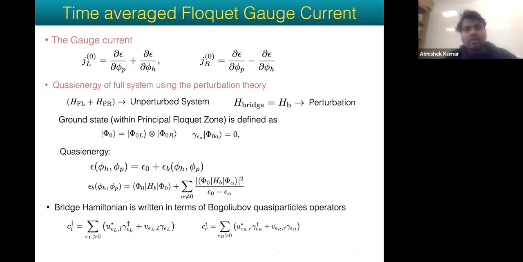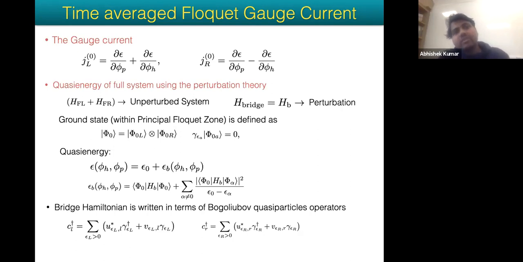Okay. So now we will derive the time average Floquet gauge current analytically. To do that, we will consider the left and right side of the Hamiltonian as the unperturbed system, and the bridge Hamiltonian as a perturbation.